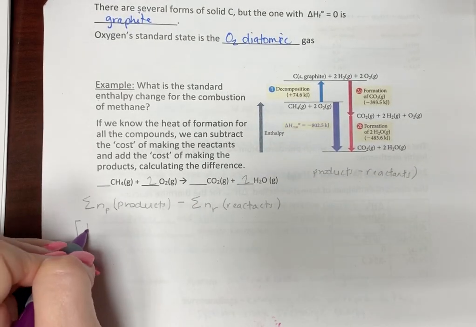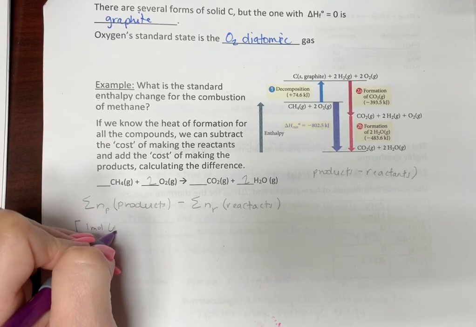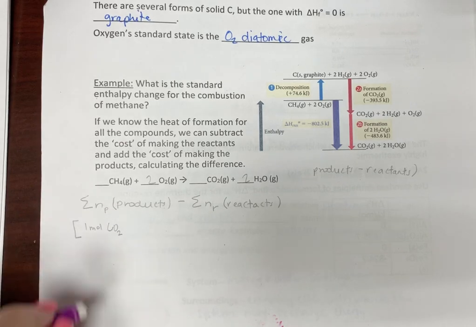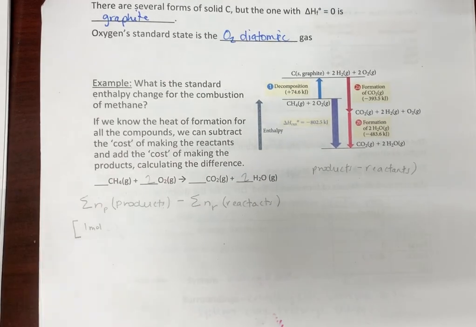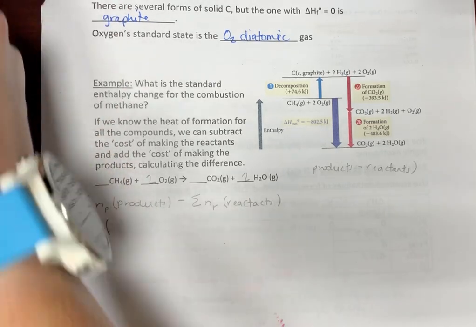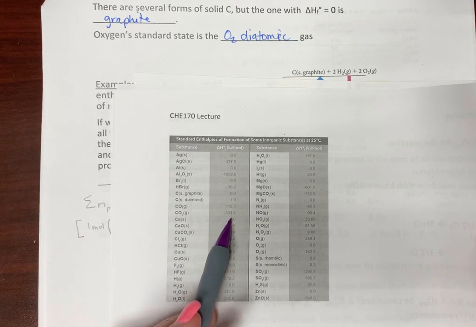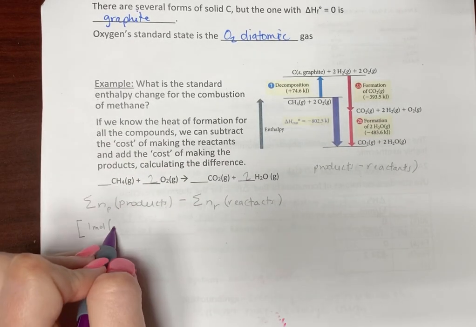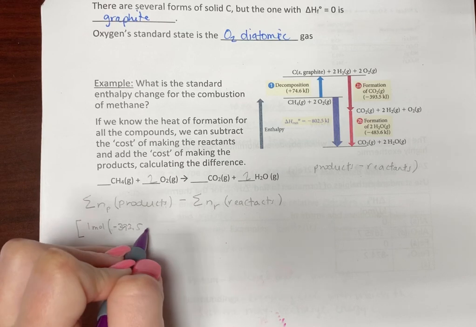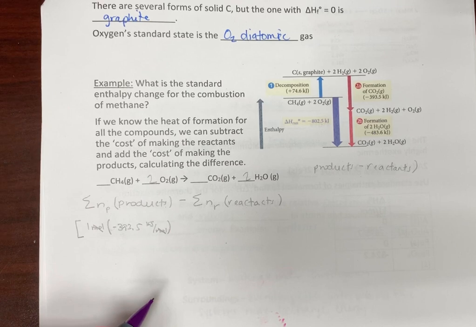Here we have 1 mole of CO2 gas, and now we need to find its standard enthalpy of formation. If you look here on this table, CO2 is negative 393.5 kilojoules per mole, so the moles go away.